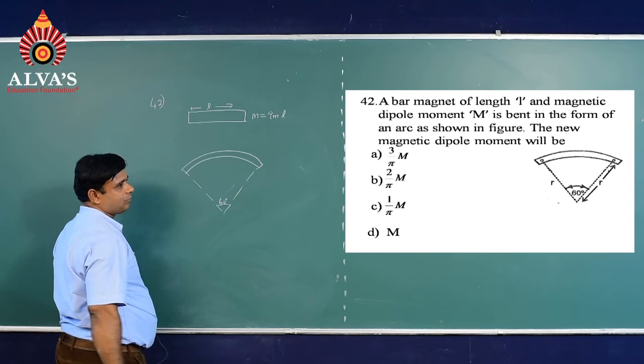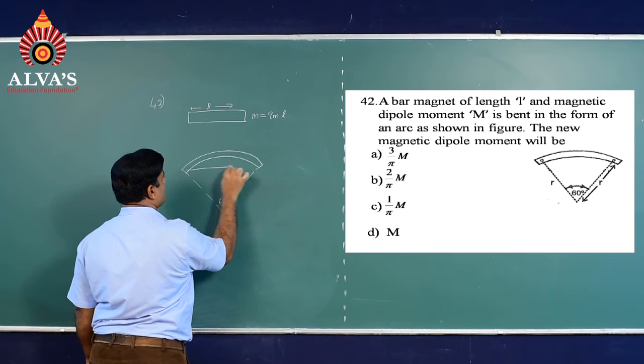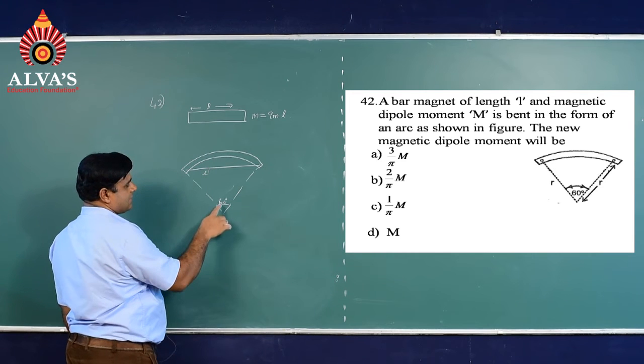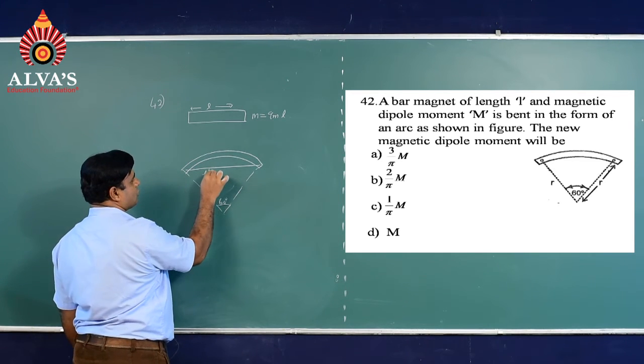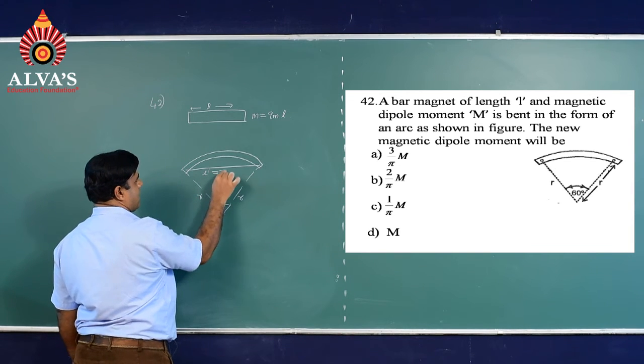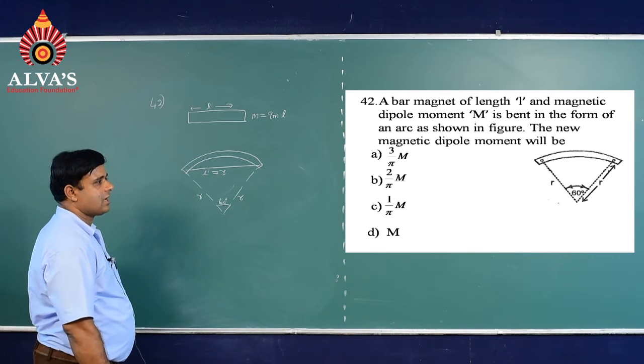If you join the two poles, this is nothing but the new distance L dash. Since this is 60 degree, this should be an equilateral triangle. All the sides are equal. L dash is nothing but R.